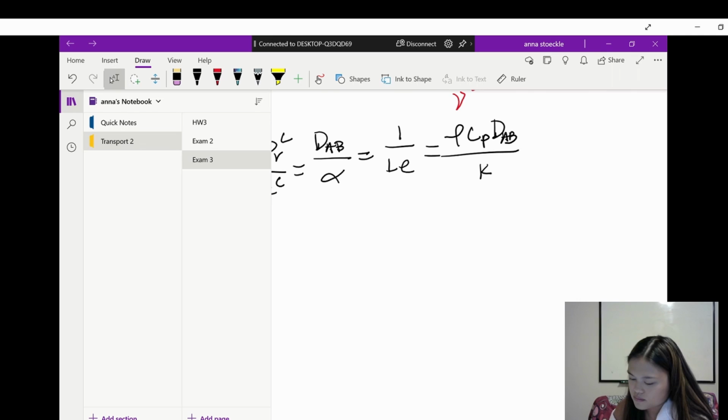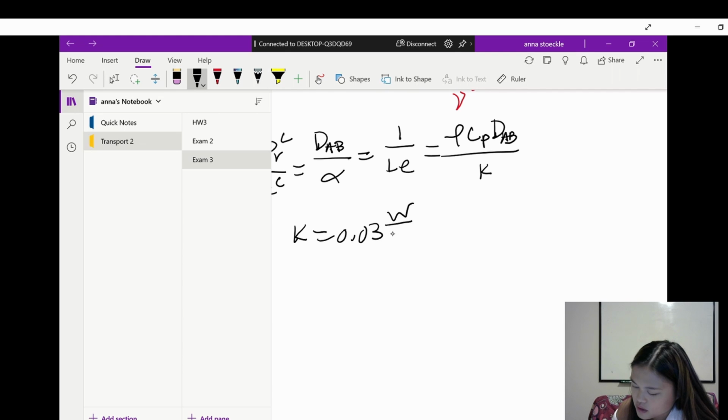For air, the thermal conductivity is 0.03 watts per meter Kelvin. The density for air is 1.2 kilograms per meter cubed. The heat capacity is 1,000.